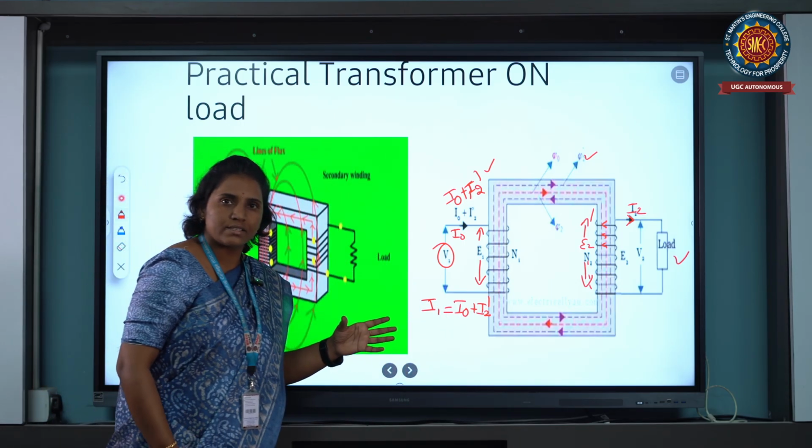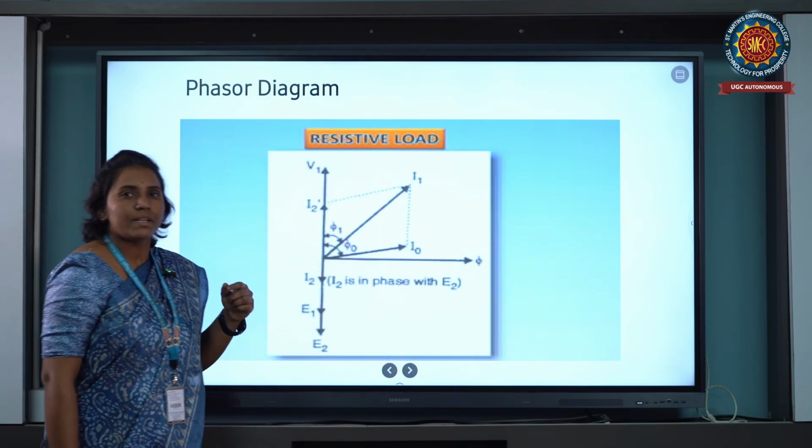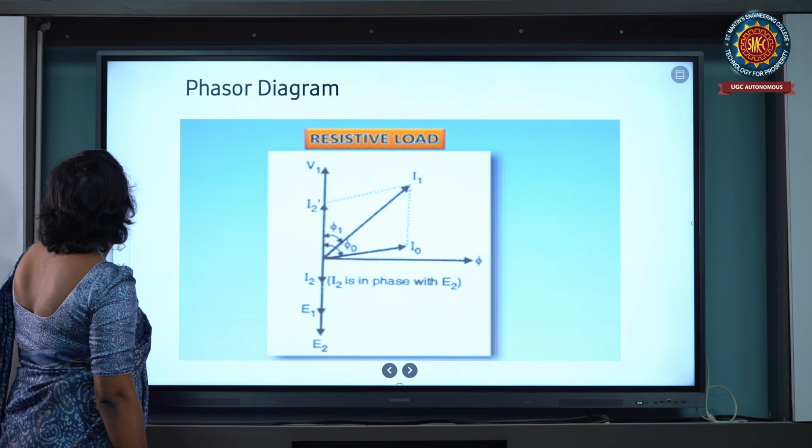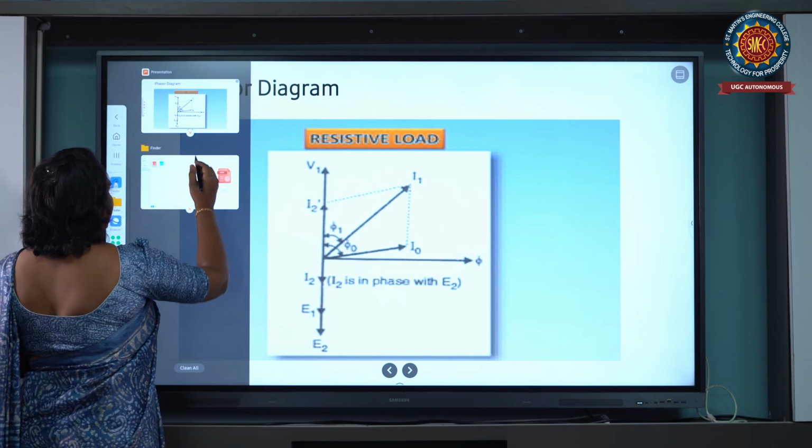Next let us discuss the resistive load, inductive load and capacitive load of the practical transformer. In the resistive load, voltage and current are both in phase.